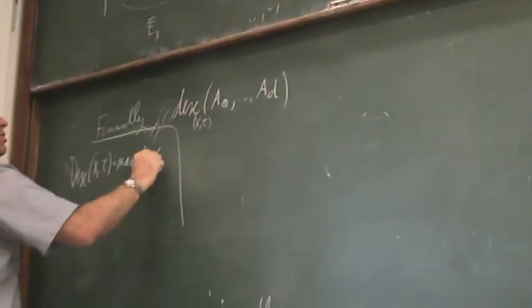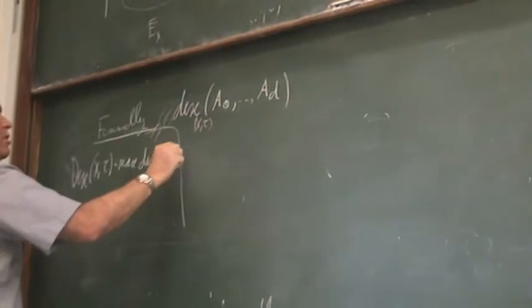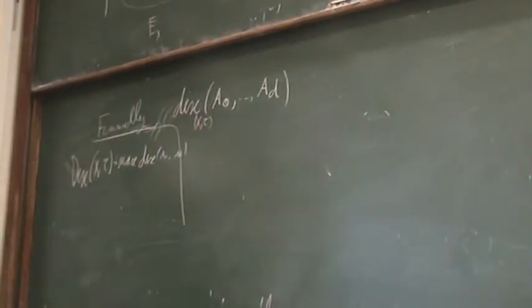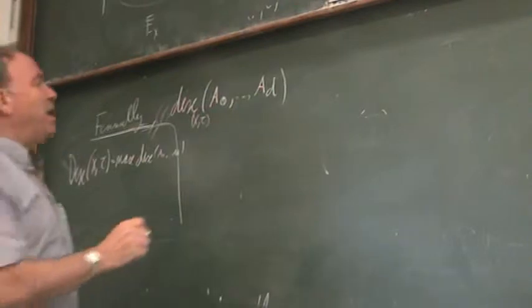On discrepancy of A0 up to AD. So we have to bound this kind of thing. Okay, so let's see by lemma.